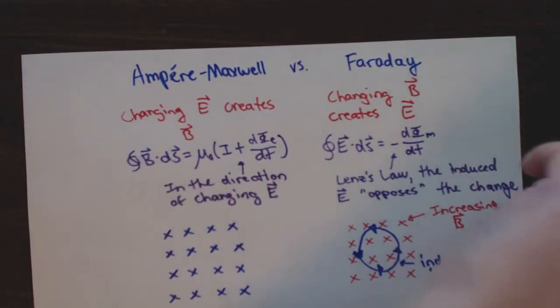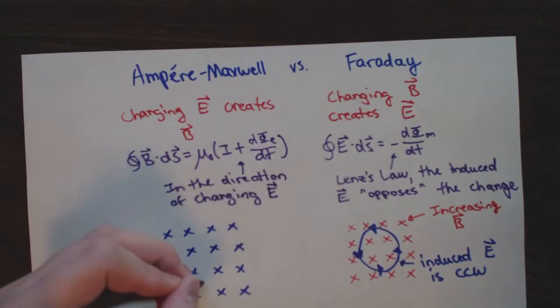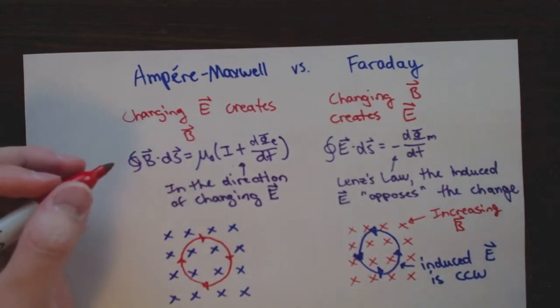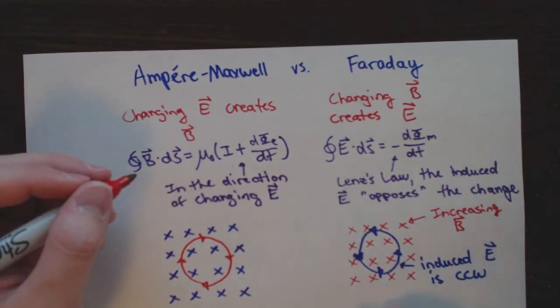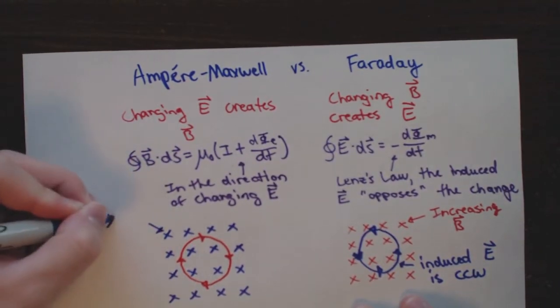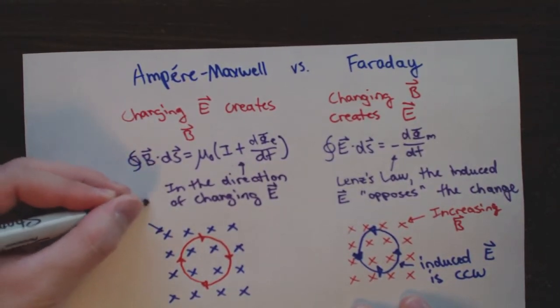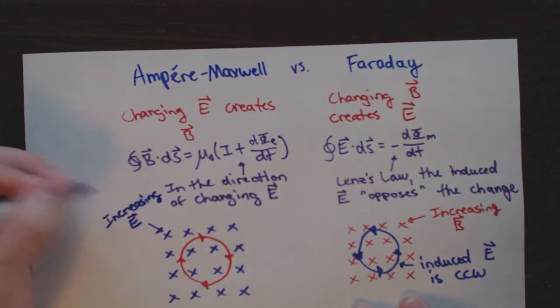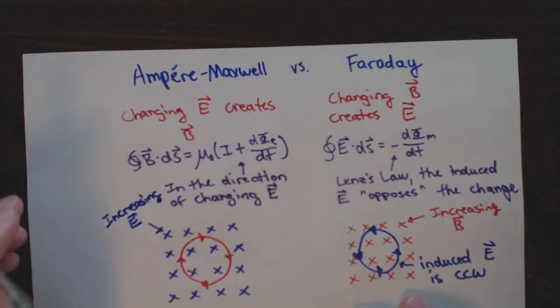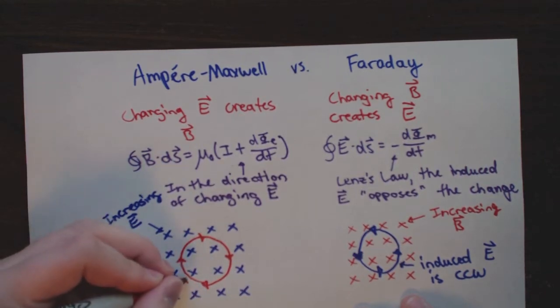So, for example, if you have, again, an electric field, this time pointing into the page, and that electric field is increasing in strength, your thumb, if it were to point into the page, is pointing towards the increasing electric field. The direction your fingers curl is now the direction of the induced magnetic field.